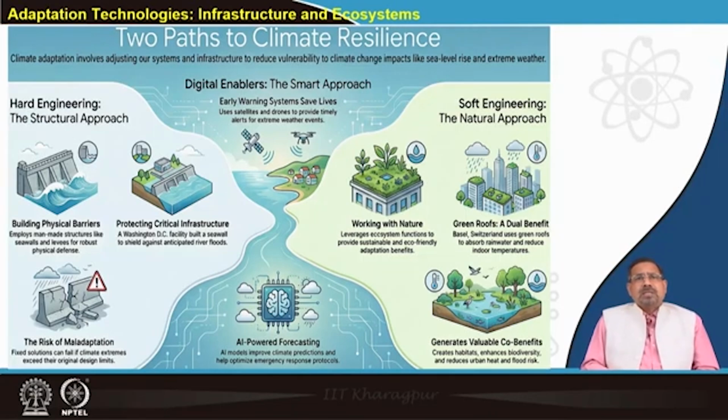Now, let us see the two paths to achieve climate resilience adaptation technology, between the hard and the soft. The soft we are particularly putting in terms of nature-based solutions, and hard engineering, particularly the structural approach. Look at this on the left-hand side. We have building; we have a lot of physical barriers.